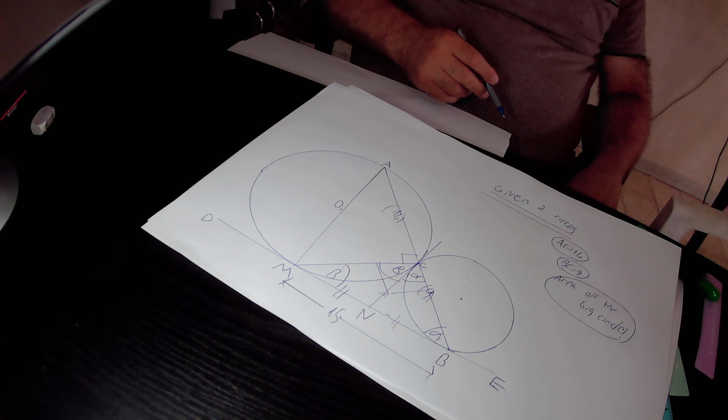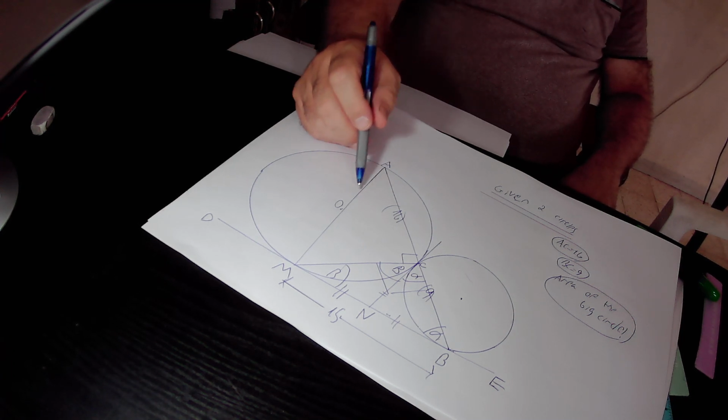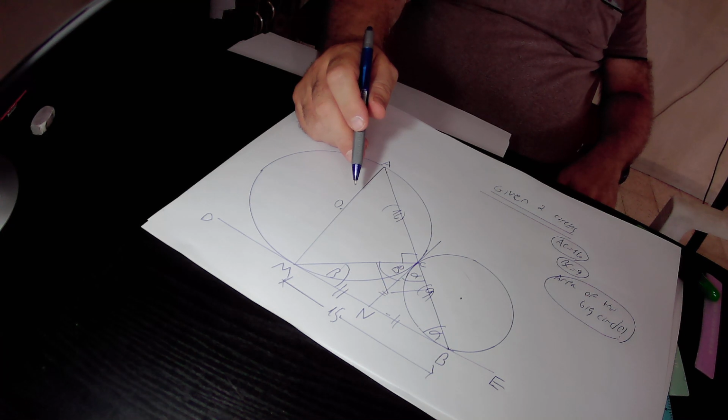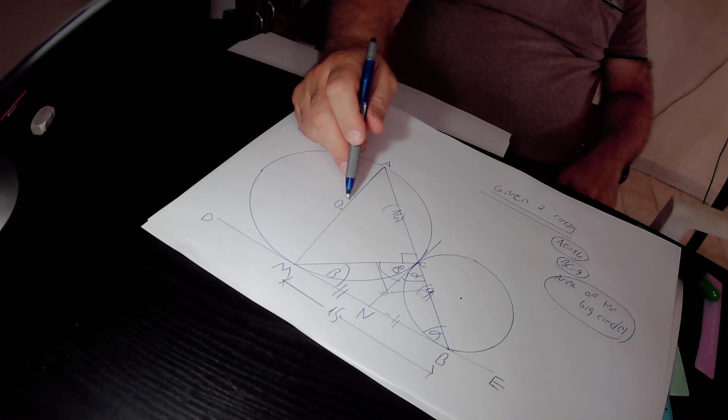So at this point on segment AM, it is actually the center of this circle. So point O is the center of this circle, and point O is definitely located on AM, that is the diameter of the circle.